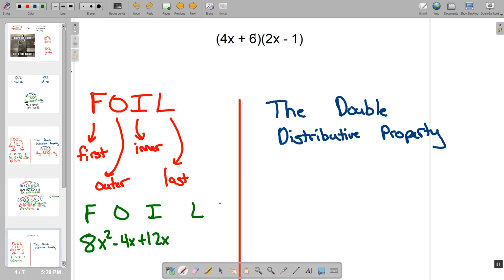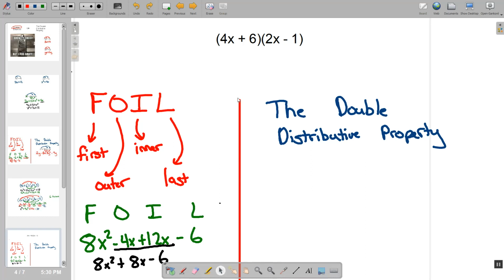And the last terms on each would be positive 6 times negative 1, which would be negative 6. Normally, you have to simplify these problems when you are done, and this is no different. Negative 4x and positive 12x simplifies to be 8x. So I would write 8x squared plus 8x minus 6 if I was writing this in descending order.